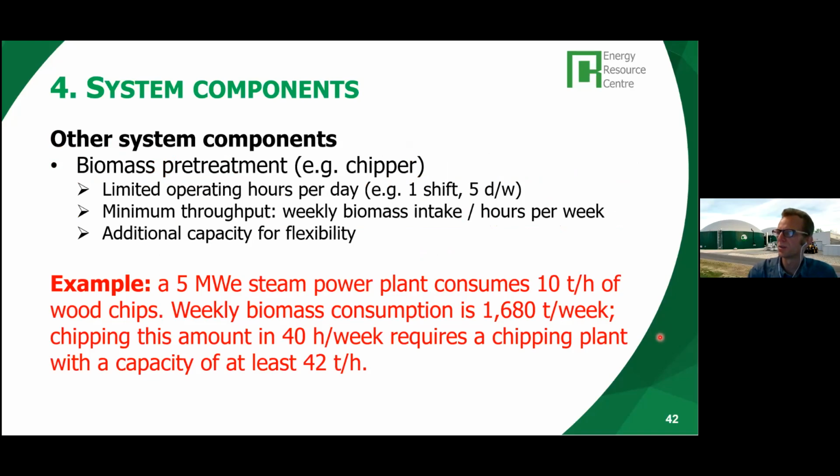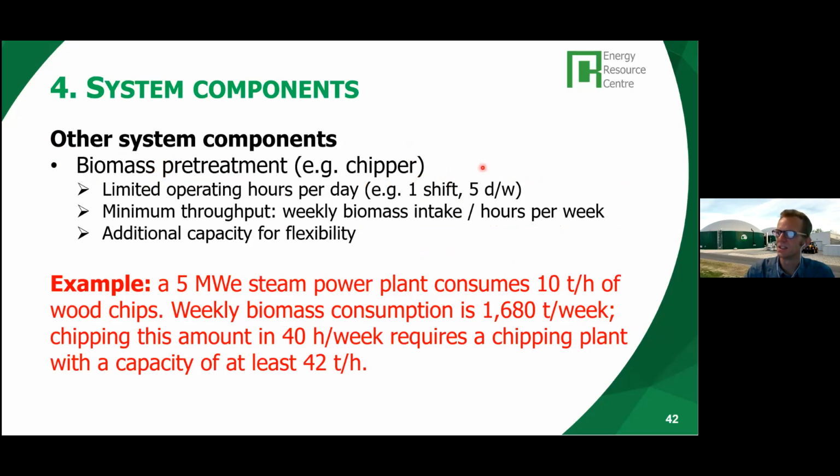Other system components that you may want to look at the scale could be biomass pretreatment systems, for example, when looking at biomass that needs chipping in order to reduce the size, either for automatic boiler feeding or for gasifier systems.